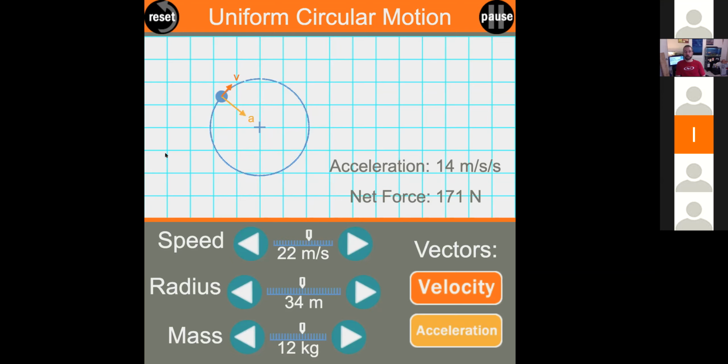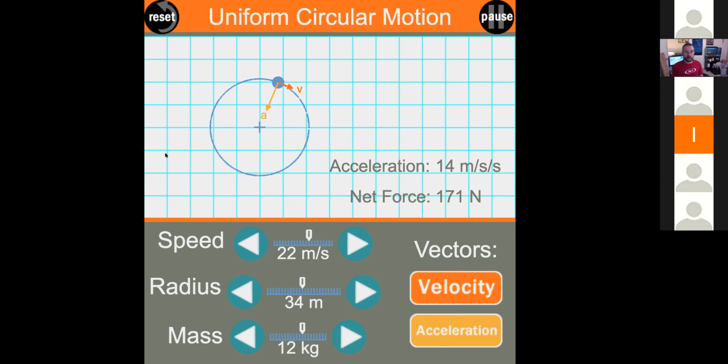Which vector is pointing towards the net force? The acceleration. Absolutely. The acceleration is pointing towards the net force. But the velocity vector is actually perpendicular to the net force. All right, there's a 90-degree angle there.